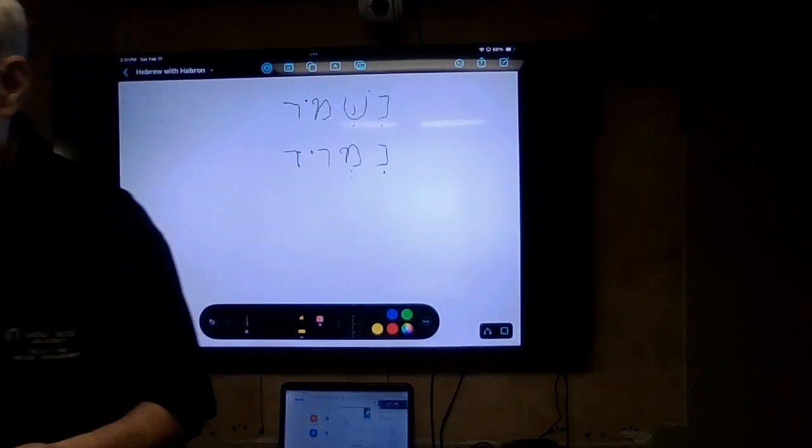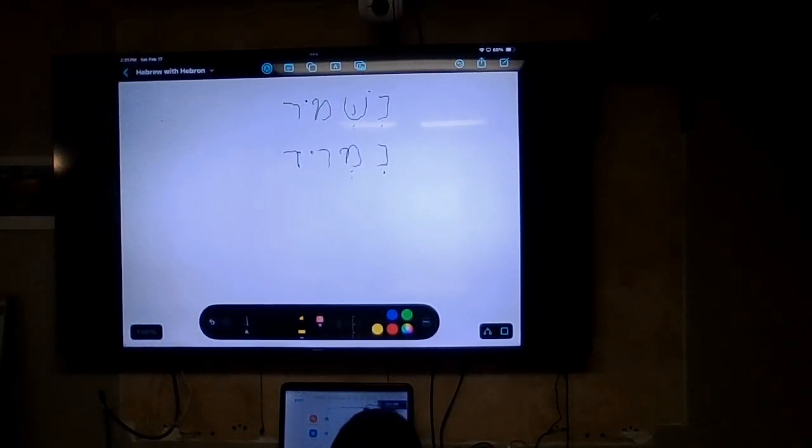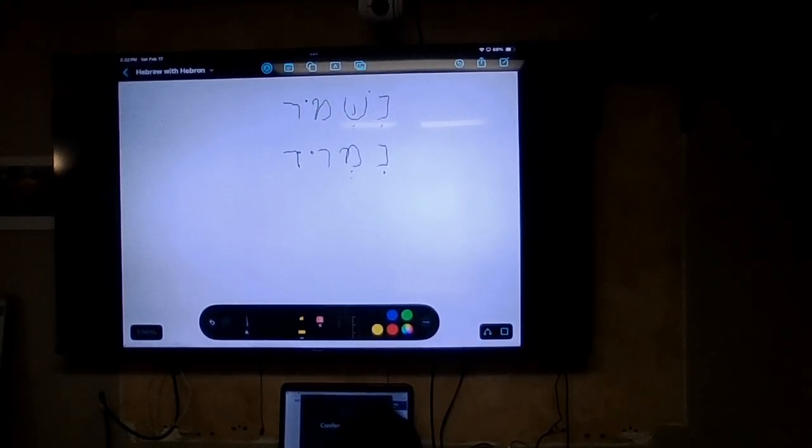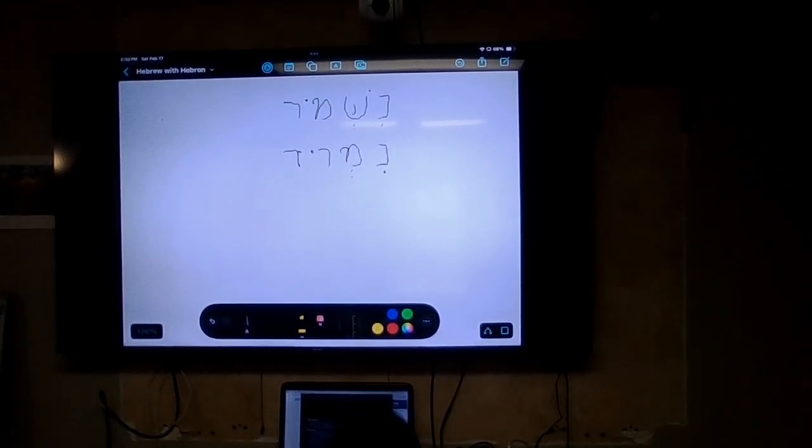Are you with us now, David? I'm lost in the third sentence. How far are you? I'm at the last four words of line 2. Lachem means to you. Ka'asher means like or as.